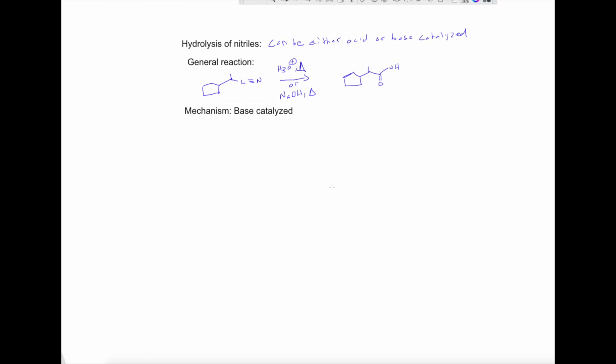Notice that the nitrile carbon is the carbon that has the carbonyl. So let's look at how this happens in the basic mechanism first, and then we'll review the acidic mechanism for hydrolysis.